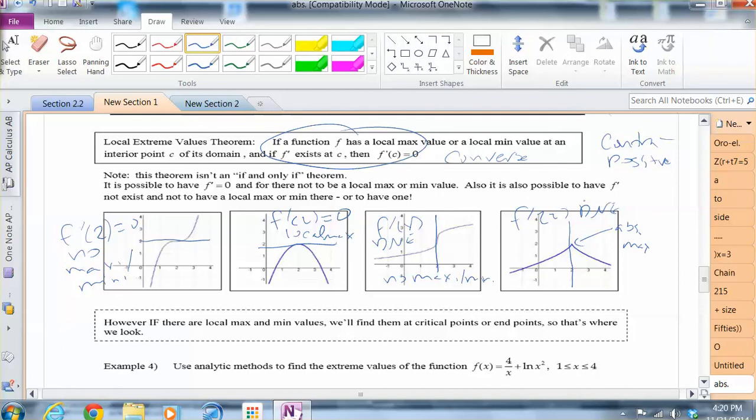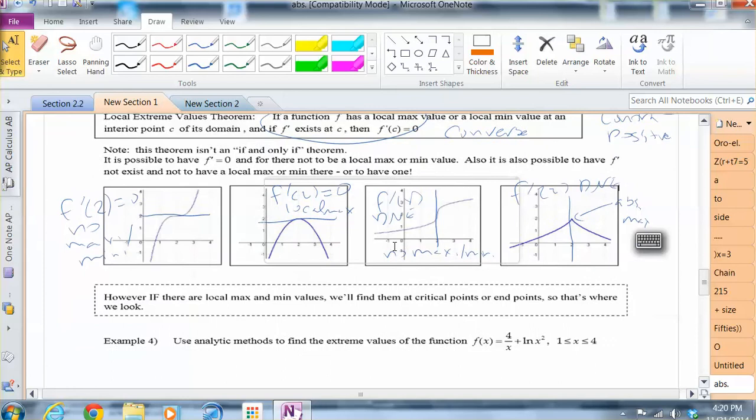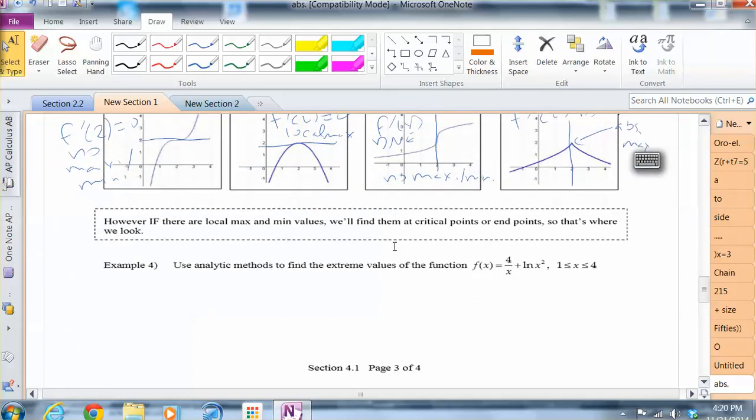But that's not always true, because here the derivative is undefined and we didn't have a max or min. What we want to look out for is if our derivative equals 0 or is undefined, that's typically where we'll see our extreme values. If they're not there, then they'll be at our endpoints. So very important, that's where we look: the critical points, which is when your derivative equals 0 or does not exist, or the endpoints.